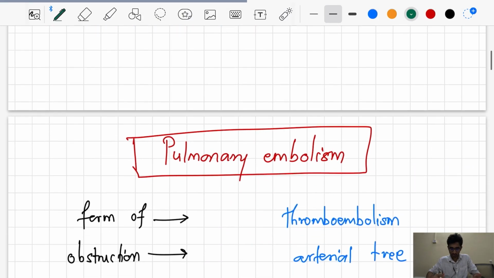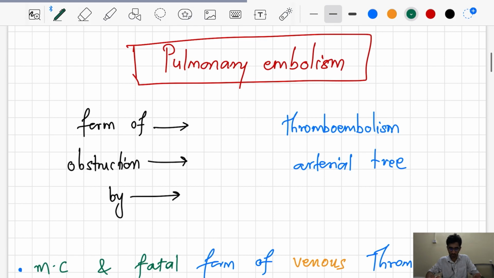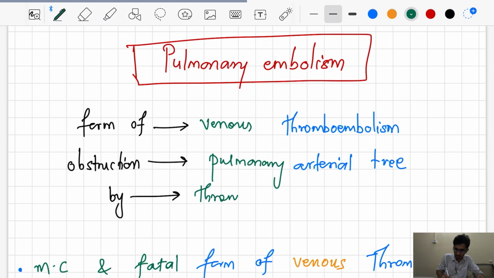Now we will study about pulmonary embolism in detail. So what is pulmonary embolism? Pulmonary embolism is a form of venous thromboembolism leading to obstruction of the pulmonary arterial tree by thromboemboli. That is known as pulmonary embolism.